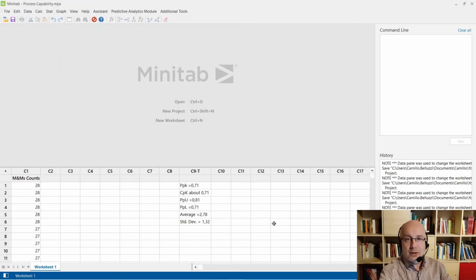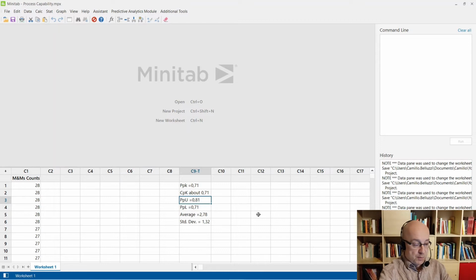Hi. Welcome to Minitab. This is the initial worksheet when just clicking on the Minitab icon. I have summarized some data for you. The data obtained in the PowerPoint presentation, where we obtained a Ppk of 0.71, a Cpk that is more or less roughly equal to Ppk.